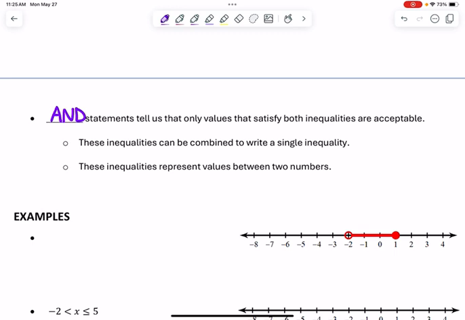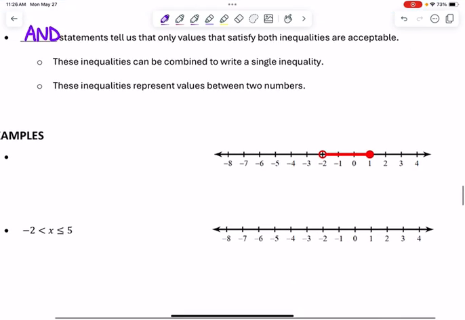It doesn't satisfy the second condition. And when I have and, I need both to be met. So when we have those two inequalities that both have to be met in an and situation, we actually combine those inequalities to write one mega single inequality.